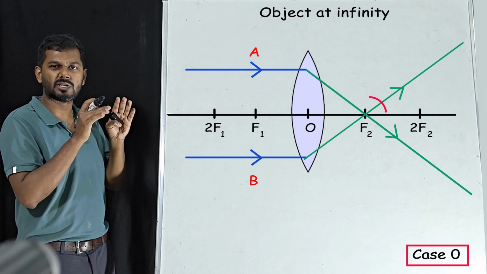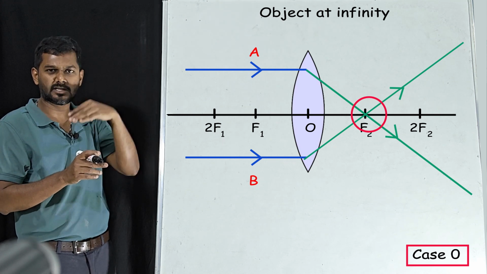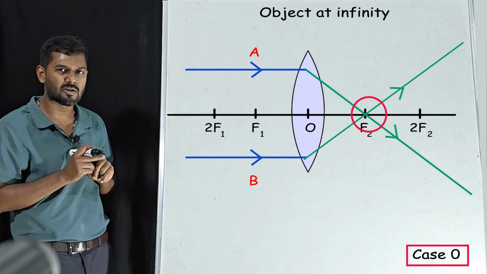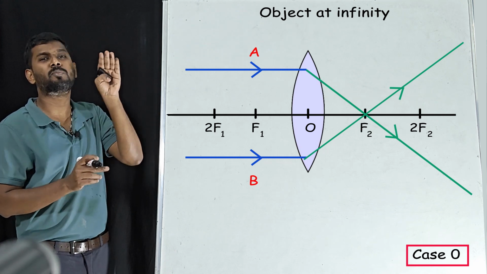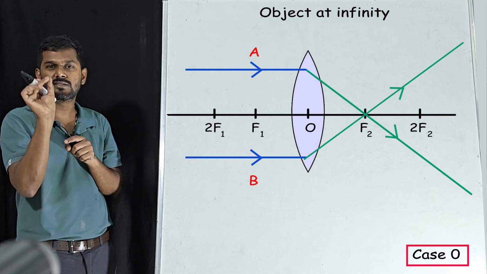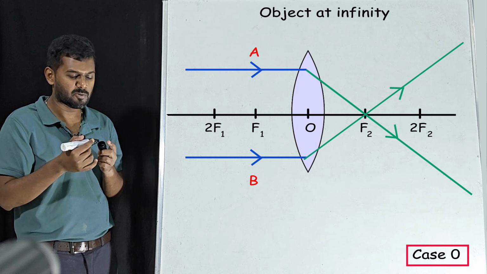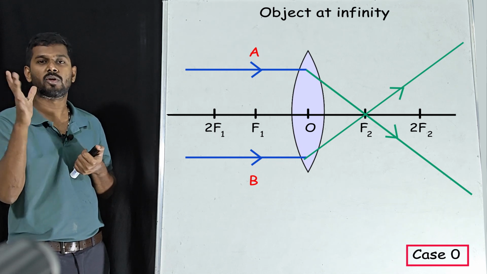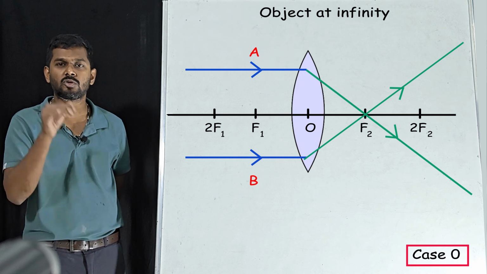Wherever you see the intersection point, from that intersection point till the principal axis, that will be the size of the image. But the intersection in this case is on the principal axis, so the size has been reduced. We cannot calculate the size. The size is only dot size, correct? So these kinds of images we call diminished to a point. After drawing the ray diagram, these three things you should write.